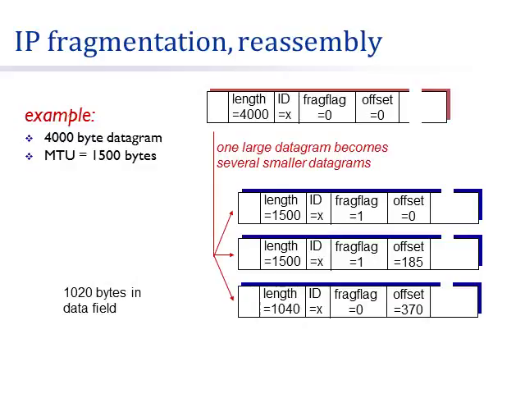All of the fragments will have the same identification number, and there are offset fields. For example, an offset of 0 indicates that the data should be inserted at the beginning, at byte number 0, and an offset of 185 indicates that the next MTU of data should be inserted beginning at byte number 1480, which is 8 times the offset 185.